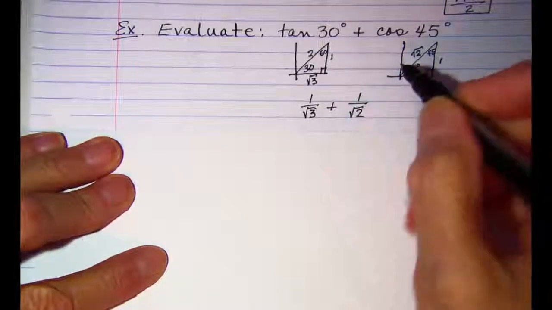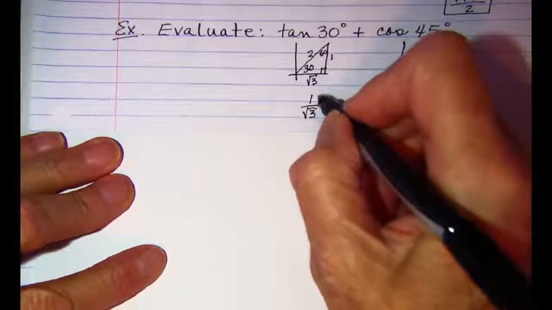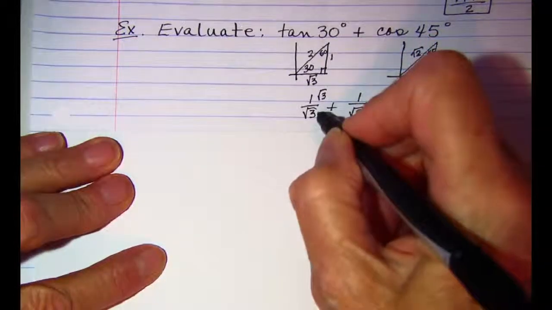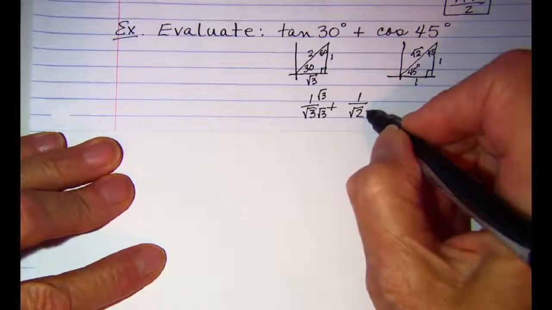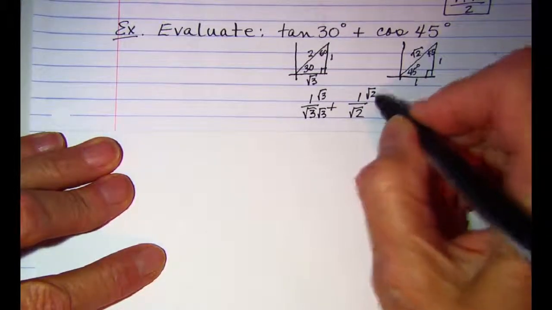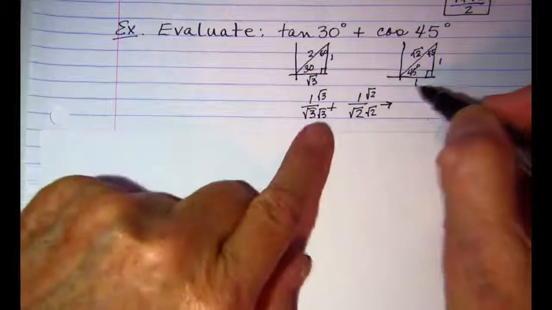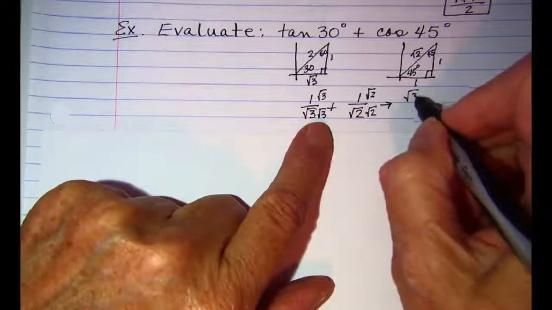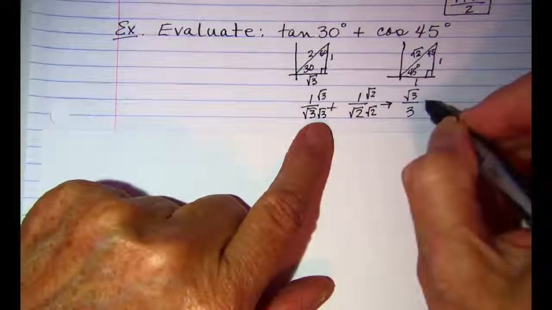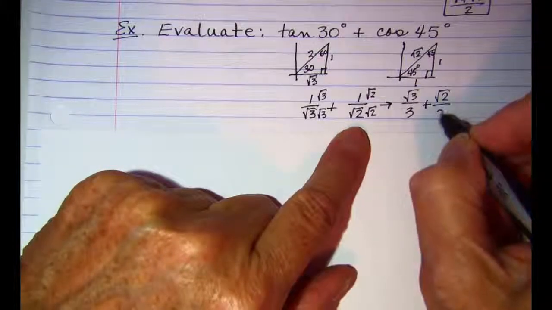Now both of these terms need to be rationalized. So multiply top and bottom of this one by root 3. And multiply top and bottom of this one by root 2. And so this sum becomes root 3 over 3 plus root 2 over 2.